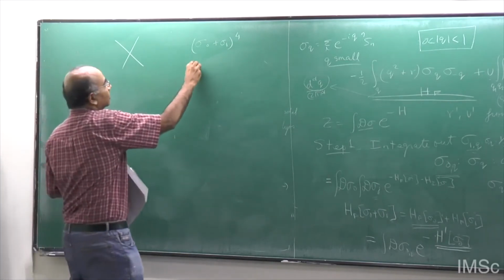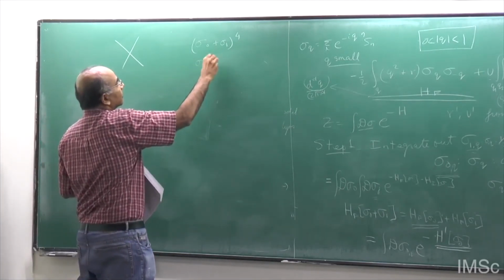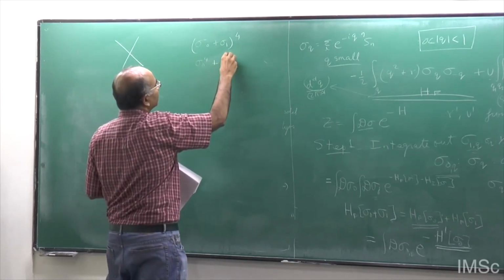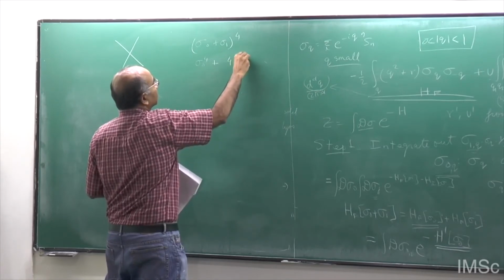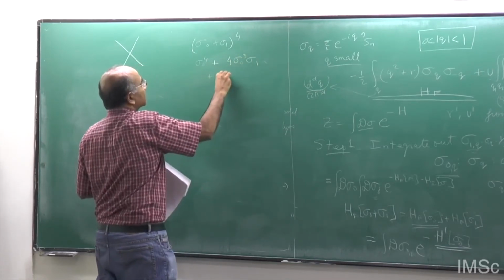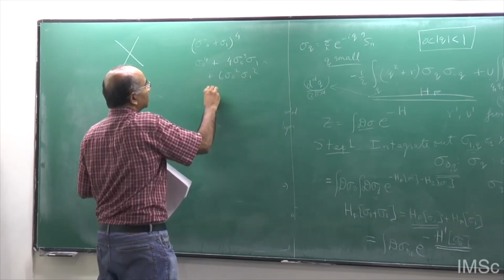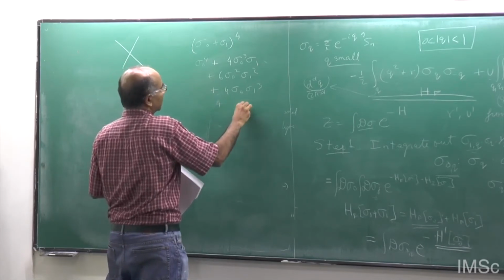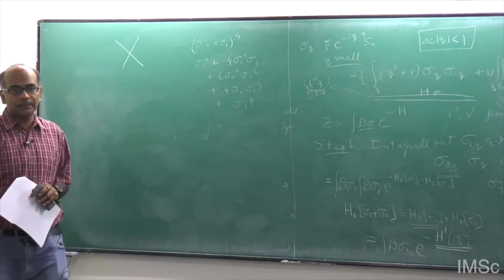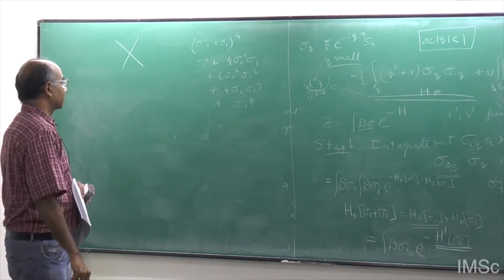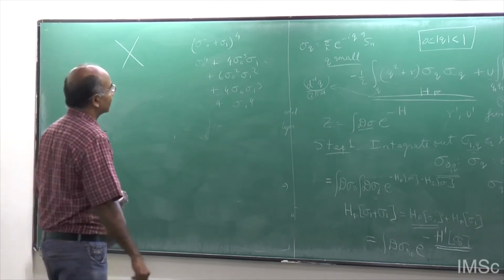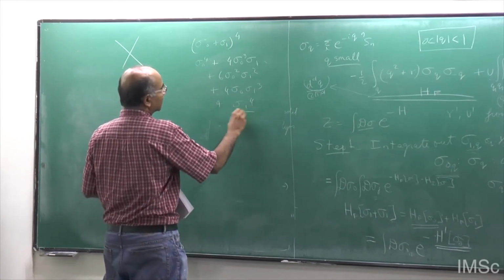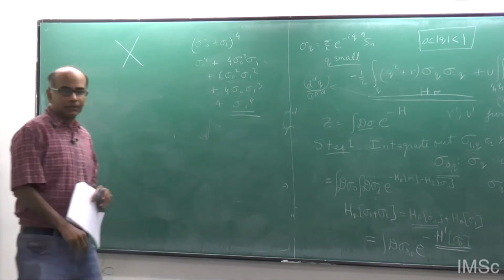So this will be σ0 to the power of 4 plus various powers of 4C1, which is 4 σ0 cubed σ1, plus 6 σ0 squared σ1 squared, plus 4 σ0 σ1 cubed, plus σ1 to the fourth. For our purposes, the important ones will be this vertex, and this one will give the main contributions.